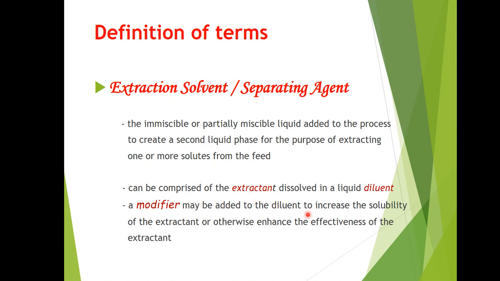So it improves it by increasing its solubility in the extractant, or shall we say, it enhances the effectiveness of the extractant in your extraction solvent to take the component of interest from the feed. And that is our modifier. But in most cases, our separating agent, our extraction solvent, is only composed of the extractant and the diluent.